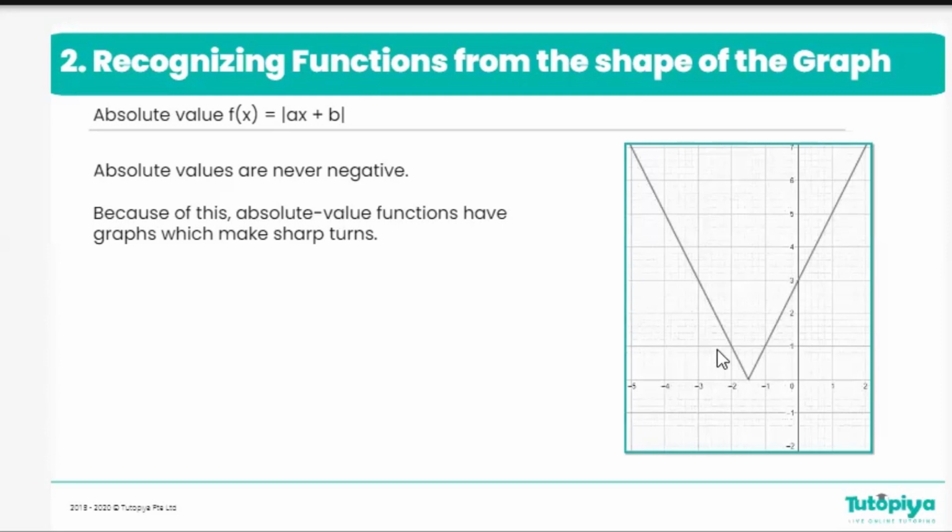So looking at this graph, I can see it has a very sharp turn at this point here. So this is an absolute value function, and I can see that my y values are never reaching negative values. The smallest y value that this would reach would be the y of 0, and negative values for absolute functions are not possible.